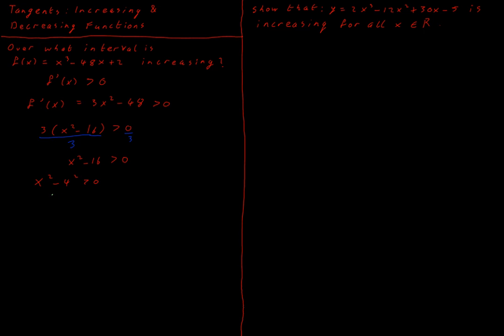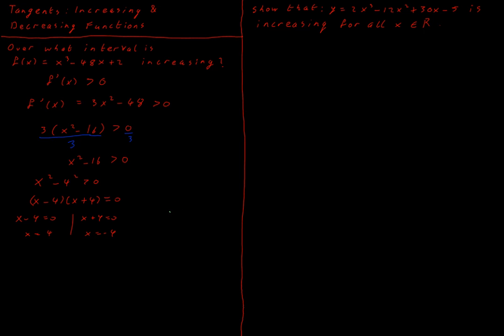If I want to find where this is true, I'm going to turn it into an equation: x minus 4 times x plus 4 is equal to 0. And I'm going to break that up, and I have x minus 4 is equal to 0, or x plus 4 is equal to 0. So I end up with x is equal to 4 and x is equal to minus 4 as the two roots of my equation.